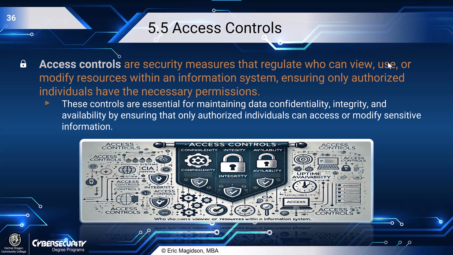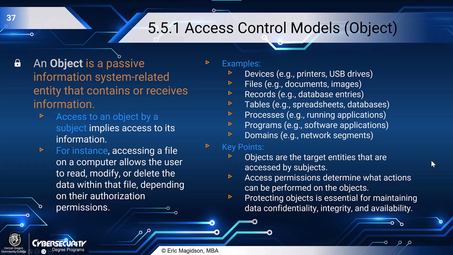So these controls are essential for maintaining data confidentiality, integrity, and availability. That CIA triad. So pretty important, right? That's where we focus everything. That's why we learn that right off the bat in chapter 1. So before we talk about access controls, we need to understand access control models, okay? And you're going to see questions like I did on the ISC2 for these.